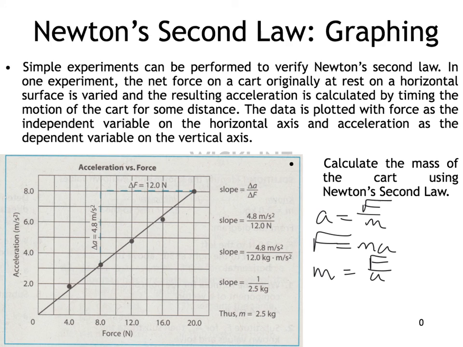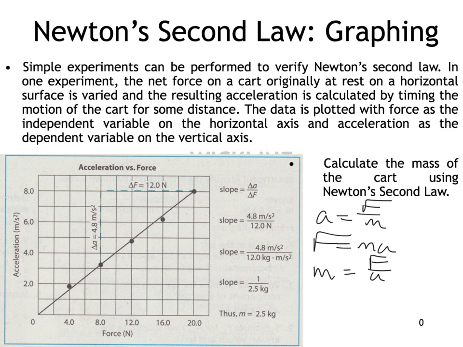Essentially, I just used order of operations and isolation techniques there. So if I want to calculate the mass of an object, and I have information about its acceleration and its force, then the way that you could calculate the mass is actually by doing something like a slope. It's not exactly a slope, because I do know that slope is rise over run.